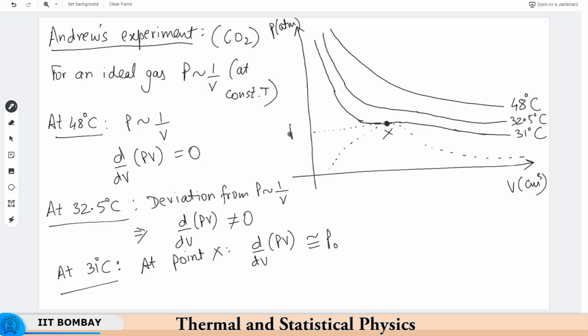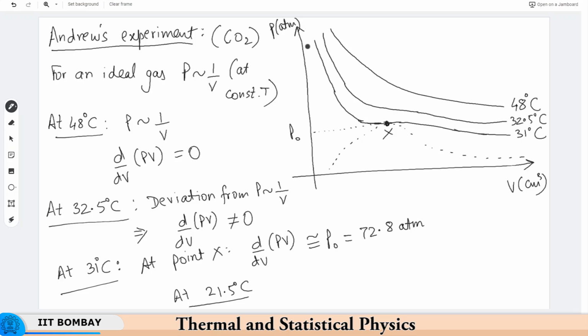So this is P0, and this was about 72.8 atmosphere.